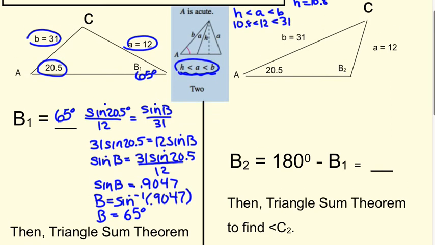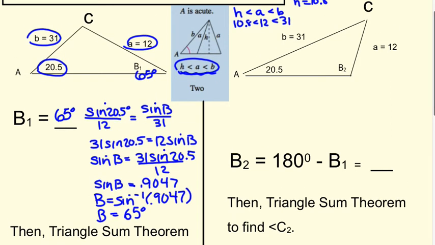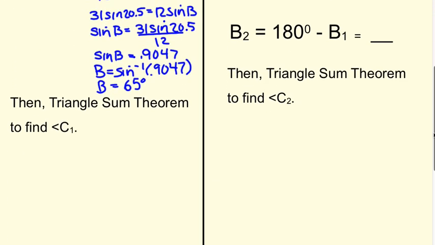Now, we know two angles in our triangle, so we can find angle C by the triangle sum theorem. We take 180 degrees minus 65 degrees minus 20.5 degrees. So 180 minus 65 minus 20.5 is 94.5 degrees.